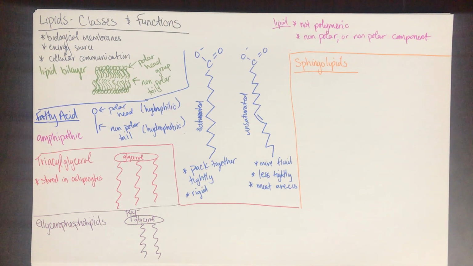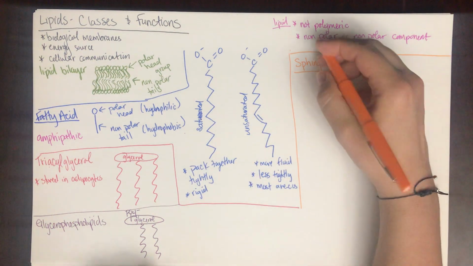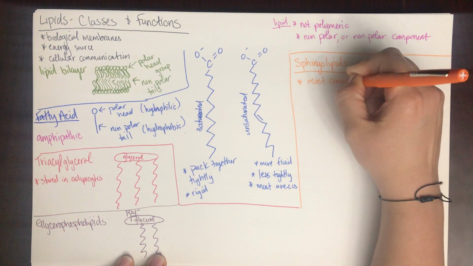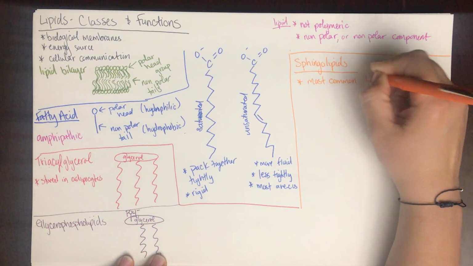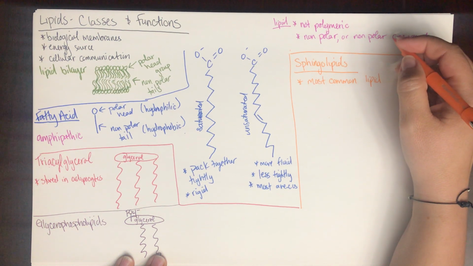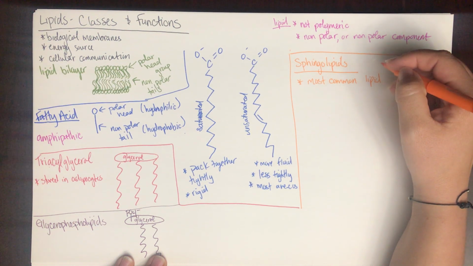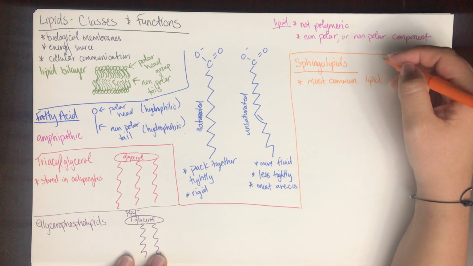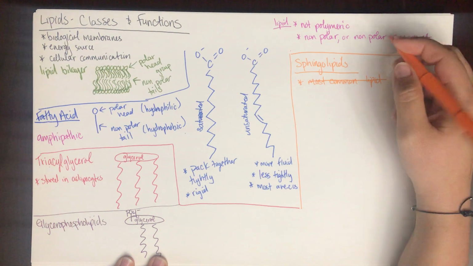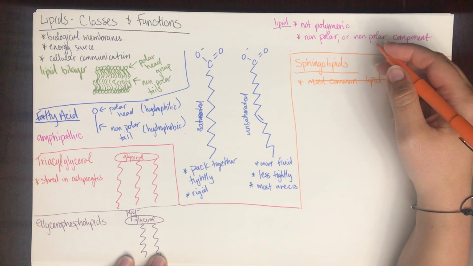There's all kinds of different variations to this. These are the most common. They're the most common in our brain and our nerve.